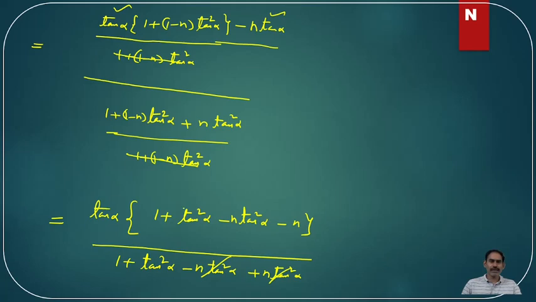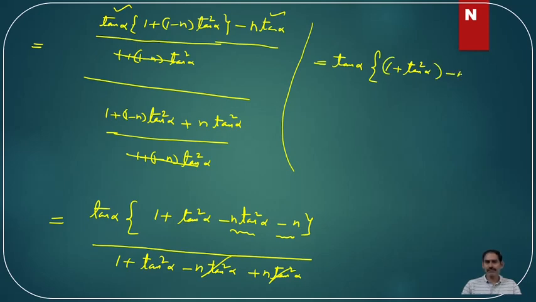So numerator: 1 plus tan square alpha, and in these two minus n is common, so 1 plus tan square alpha. Denominator: 1 plus tan square alpha as it is.